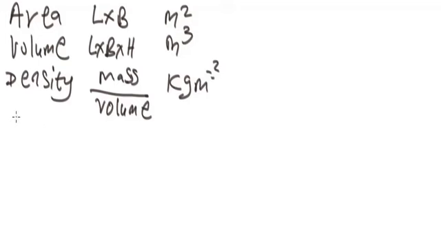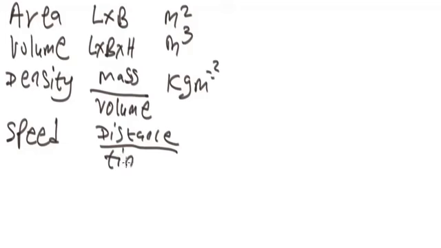Right, so we also have our speed. So speed is calculated using distance over time. So this is distance over time, and the unit of speed is meter per second. Alright, so we also have our velocity.